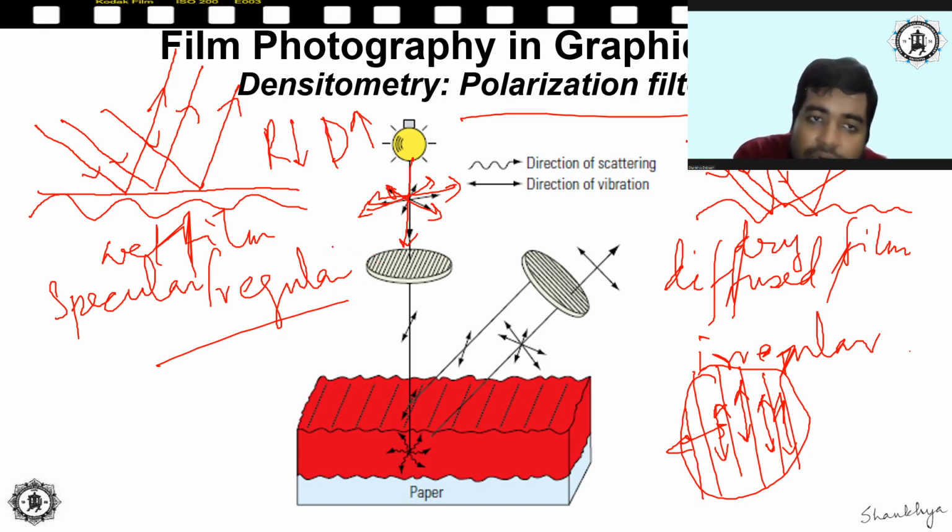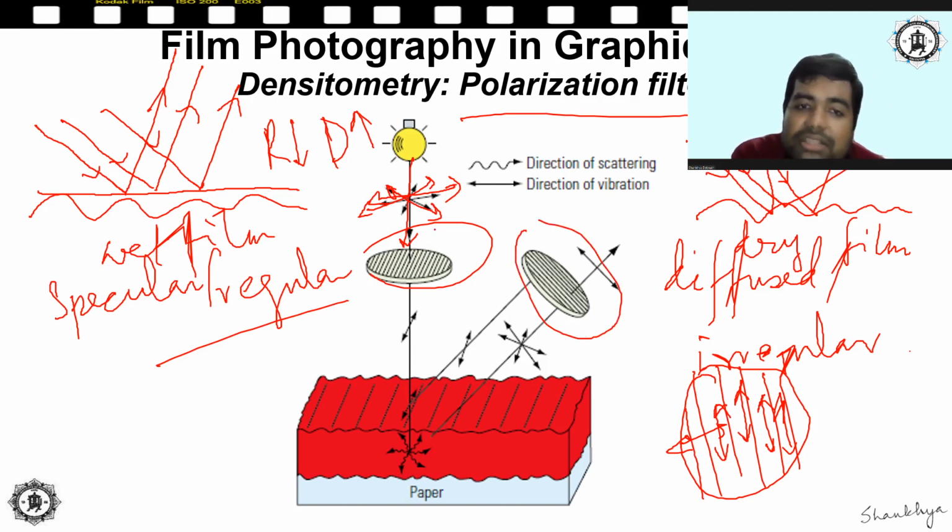So again, not only in the path of the incident light, but we also have to place a polarization filter on the path on which the detector is placed. So here also we see light of only this particular vibrational direction passes. That means the overall amount of light is restricted. Why is there a difference in optical density measurement of the wet film and the dry film?